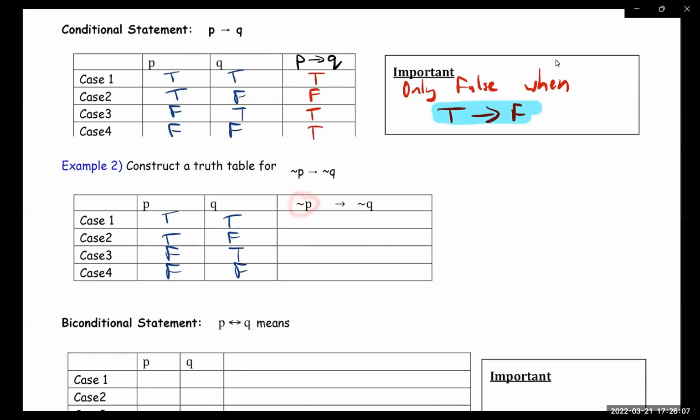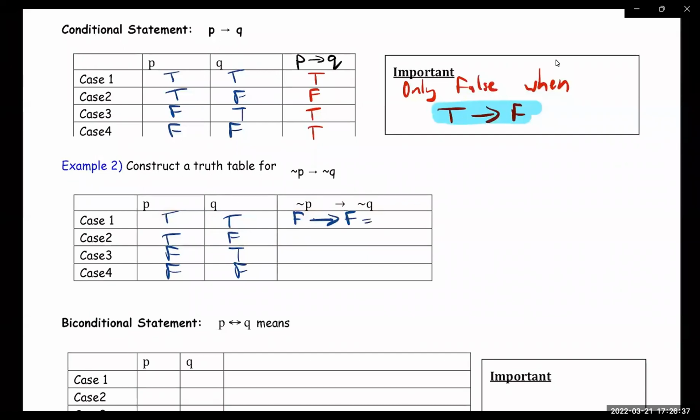So let's do the not P. The not P would be, for the first one, false, right? Because P is true, but if you negate it, it becomes false. And then not Q would be, for the first one, false.